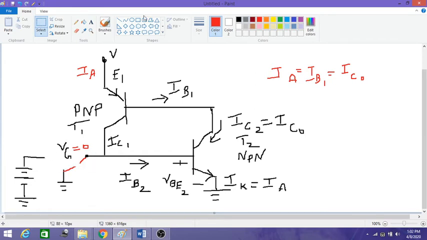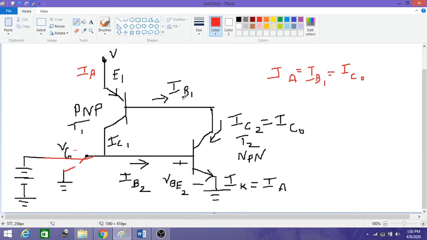As we connect this voltage, it means we have applied the gate. So when we apply the gate current, this IB2 has got sufficient current to turn on the second transistor. When the second transistor is on, this IC2 is equal to IB1.